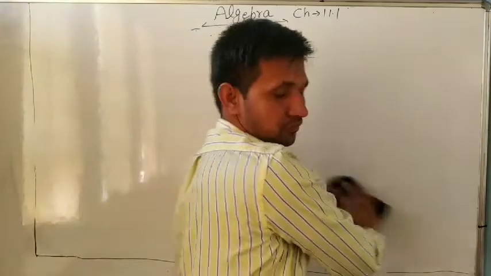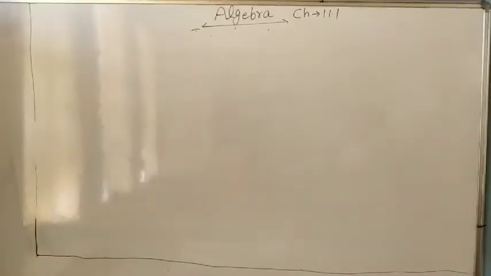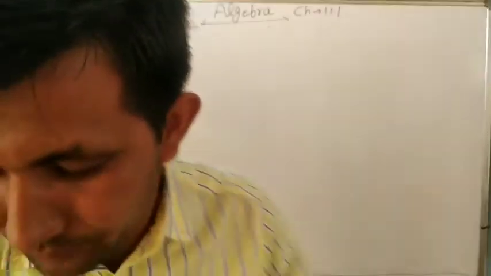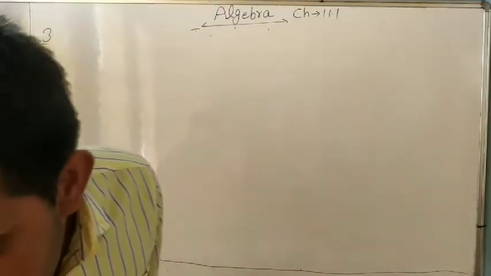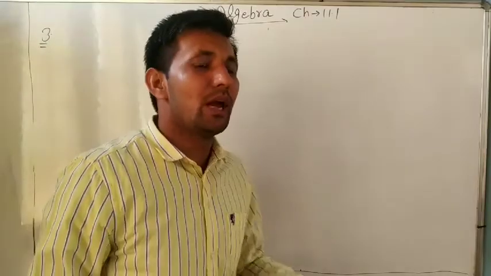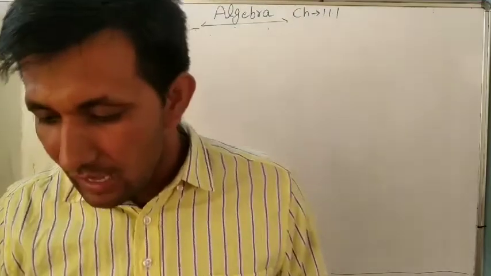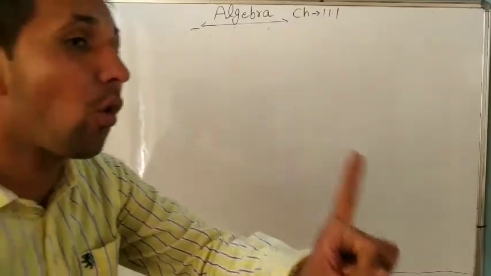Now, beta, you can do up to the 7th question yourself. Now question number 3. Cadets are marching in a parade, like we see marching every morning. There are 5 cadets in a row.